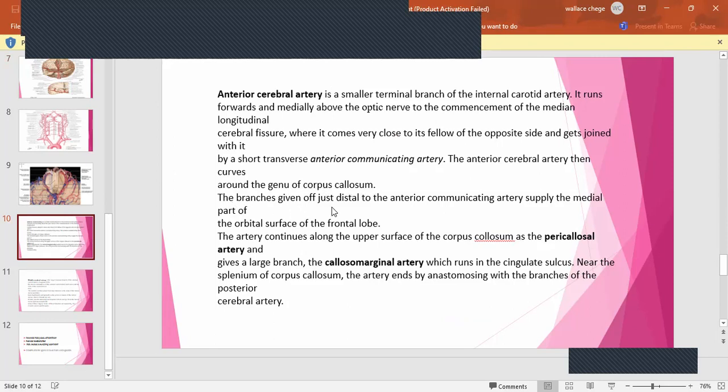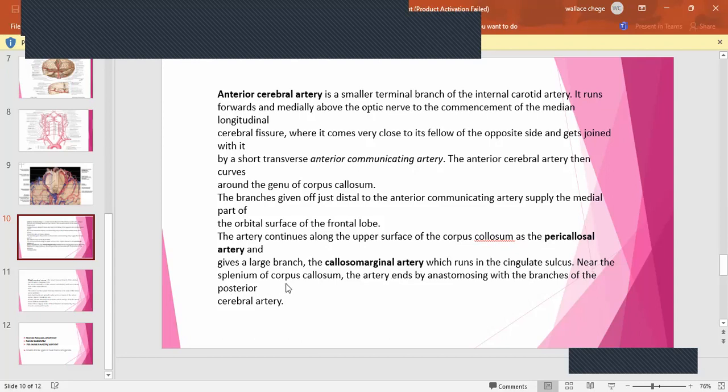The branches given off just distal to the anterior communicating artery supply the medial part of the orbital surface of the frontal lobe. The artery continues along the upper surface of the corpus callosum as the pericallosal artery. So the pericallosal artery is the continuation of the anterior cerebral artery. It gives off a large branch, the callosomarginal artery, which runs in the cingulate sulcus.